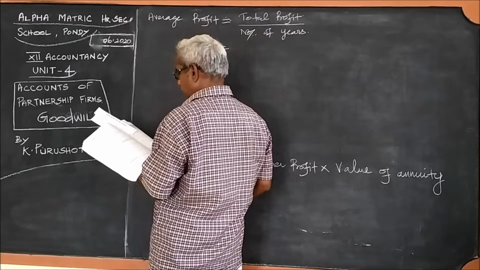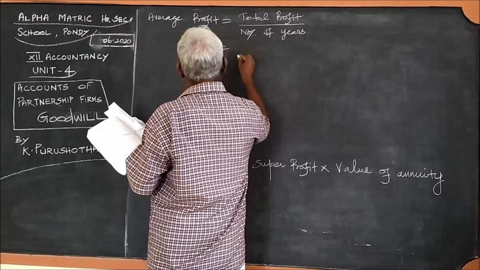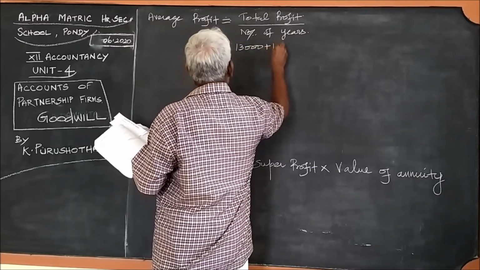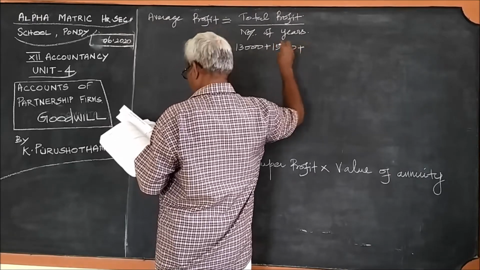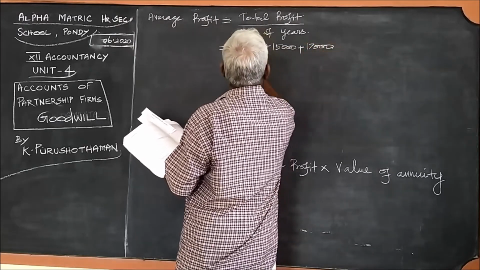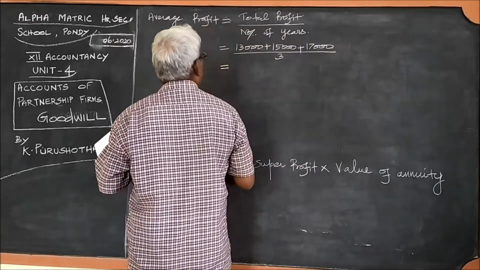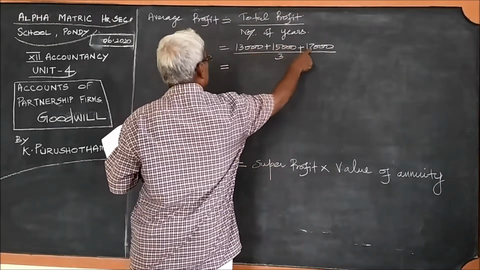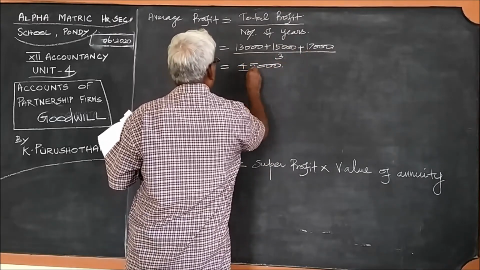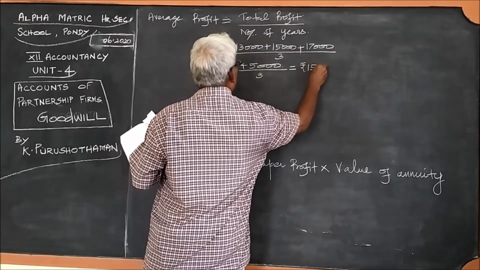What is the amount of total profit? 13,000 plus 15,000 plus 17,000, whole divided by 3 years, by 3. This is equal to 45,000 by 3, which is equal to 15,000.